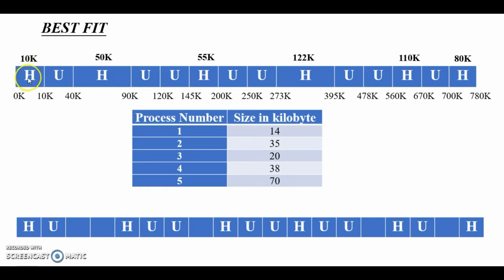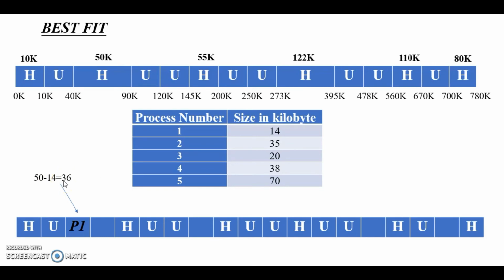If not, then we go to the second smallest. The second smallest is 50. 50 is enough for process number 1. So we use 50 minus 14 equals 36. So remember, the second smallest hash is updated to 36.